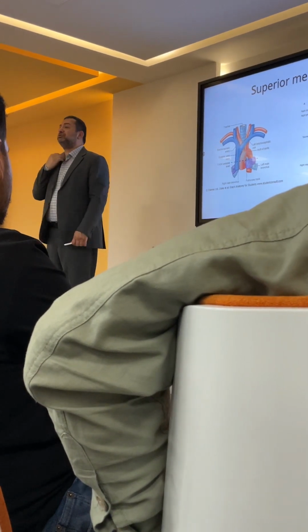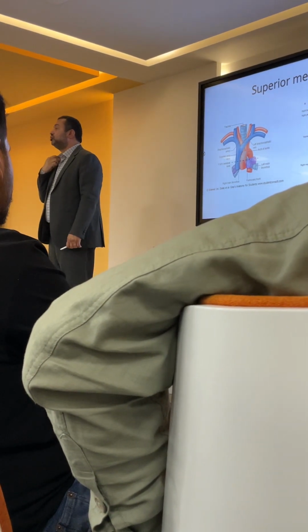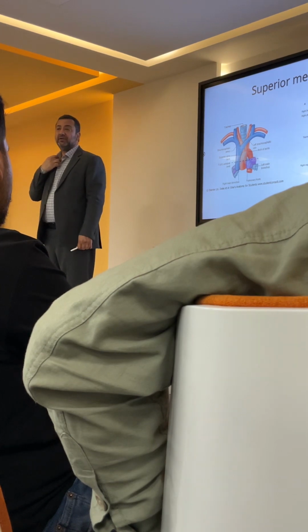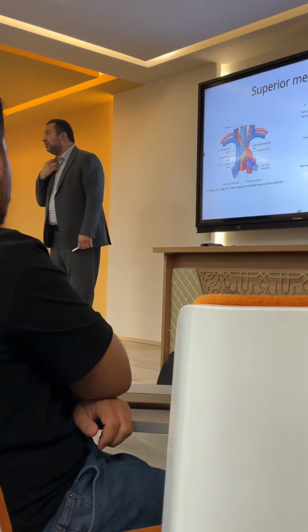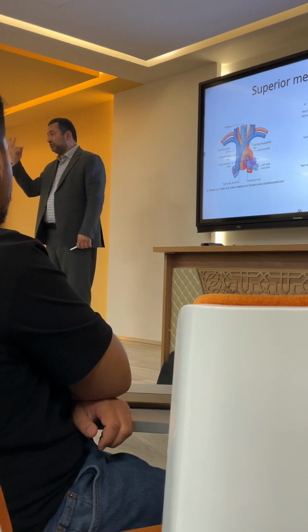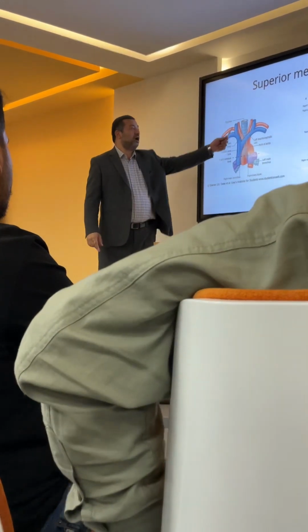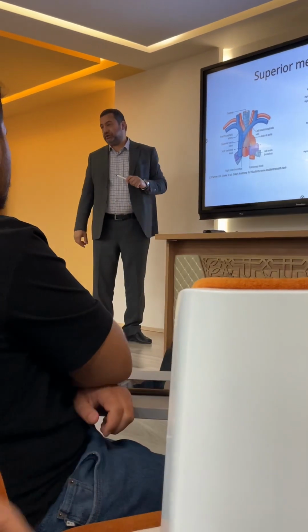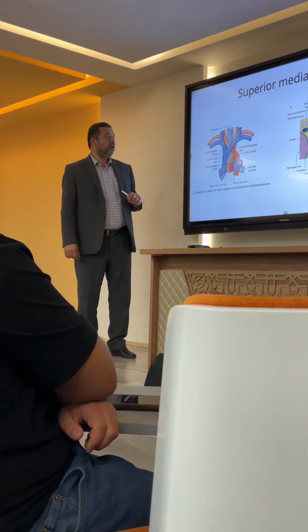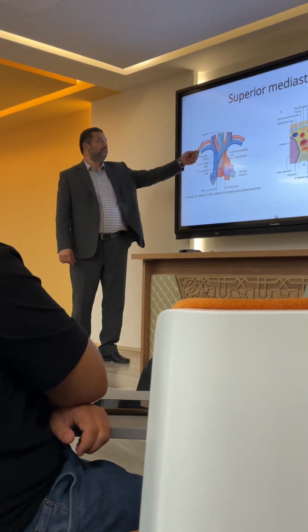Posterior to the right sternoclavicular joint, the brachiocephalic trunk divides into two branches, the right subclavian artery and the right common carotid artery. You see here.